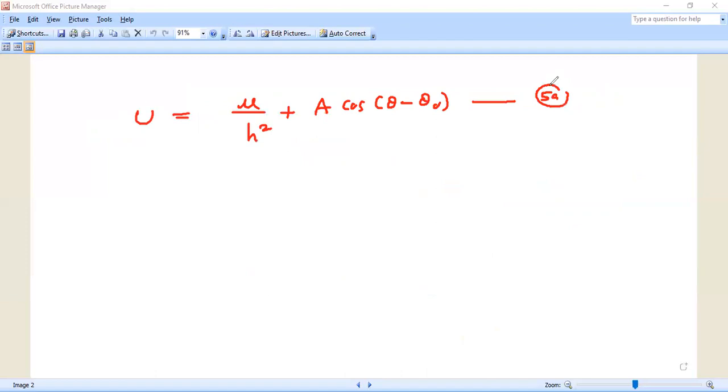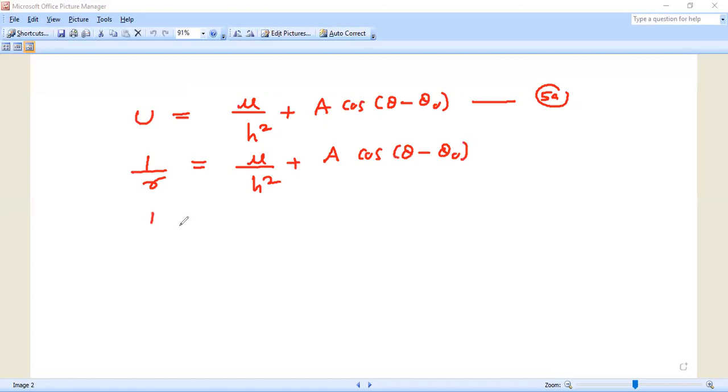Where A is a constant, h is a constant, and theta naught is also a constant. But we have u is the reciprocal of the radius vector, so 1 by r equals mu by h square plus A cos of theta minus theta naught.